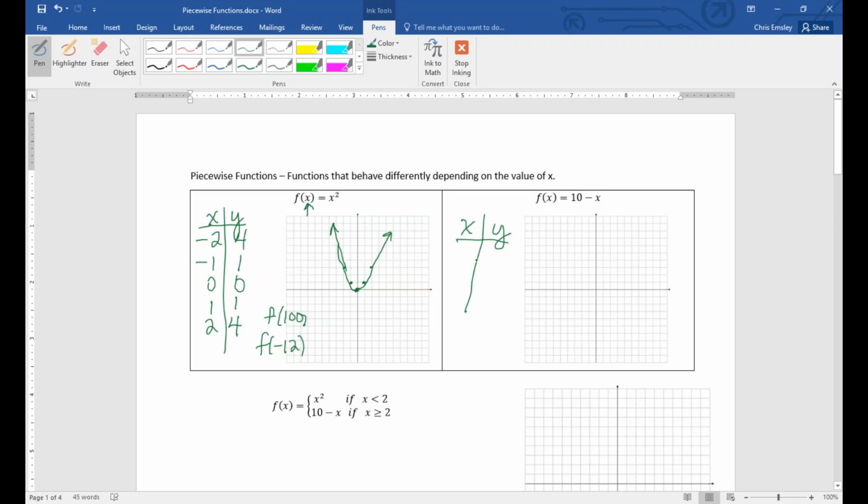And just do a quick little graph of that. If I plug in 0 for x, y is 10. If I plug in 4 for x, y is 6. Or if I plug in 8 for x, y is 2. So 0, 10.